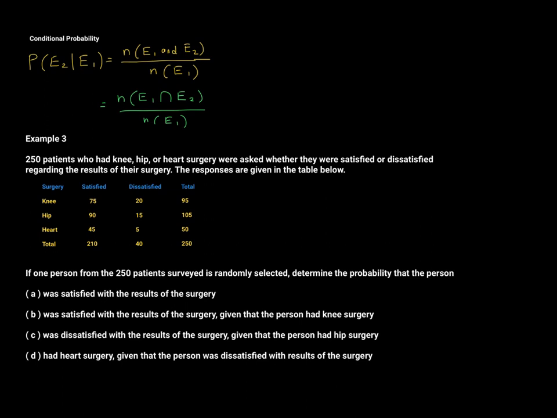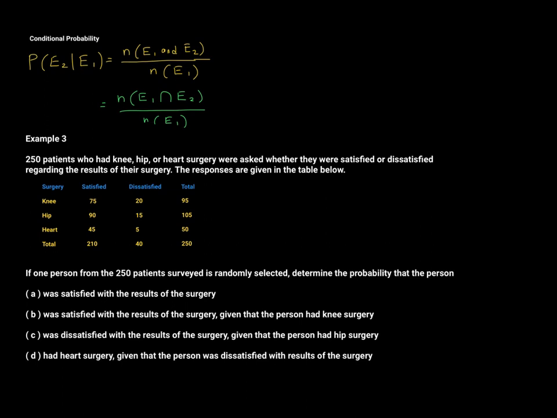All right, here we go. If one person is randomly selected, determine the probability that this person was satisfied with the results of the surgery. All right, this one is really straightforward. This is not a conditional probability.